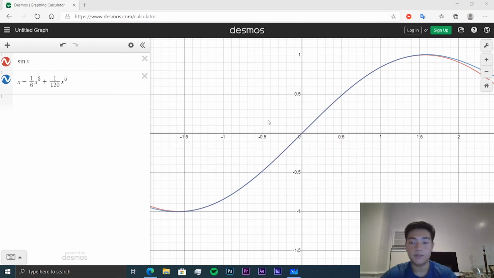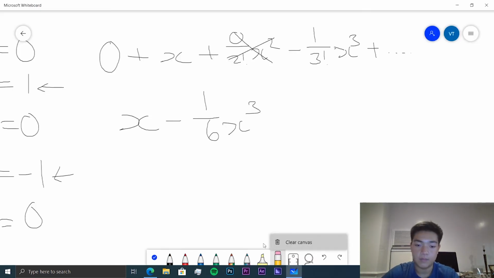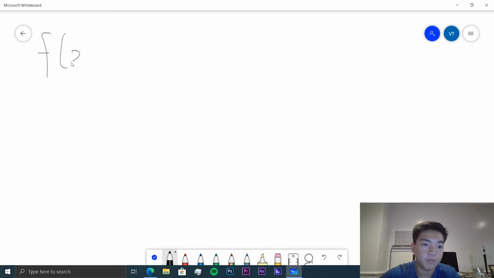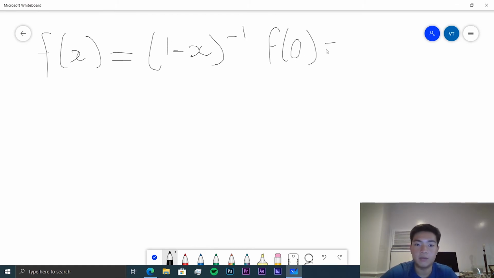Next, we have the function f of x is equal to 1 minus x to the negative 1. So f of 0 at this point will be equal to 1.